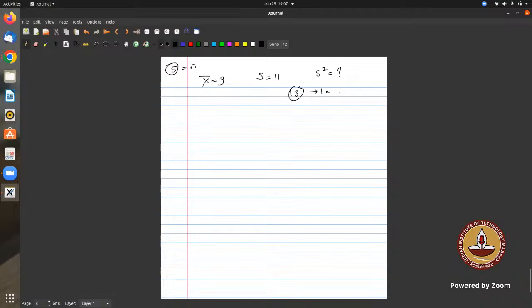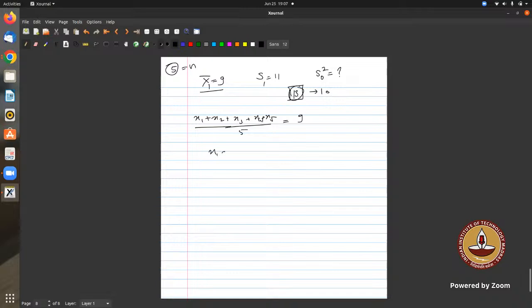Let's say this is x1 and this as O means original. Let's say x bar, x1 bar is equal to 9, which means x1 plus x2 plus x3 plus x4 plus x5, divided by 5, equals 9. So the sum is 45. One of the observations was 13, so consider any one of the observations.